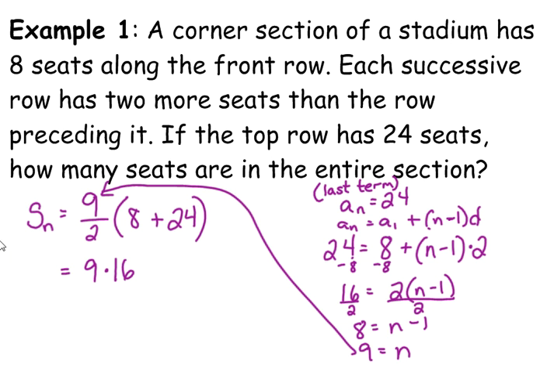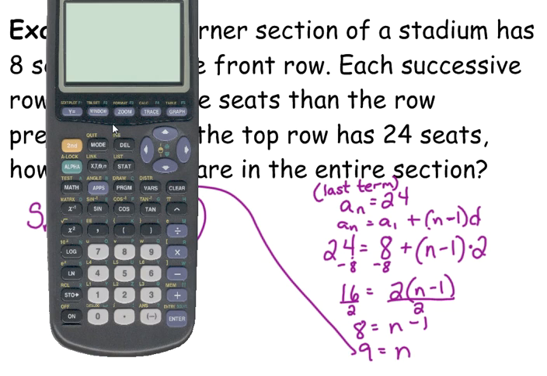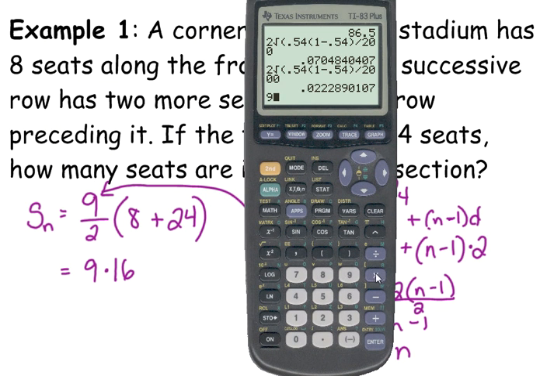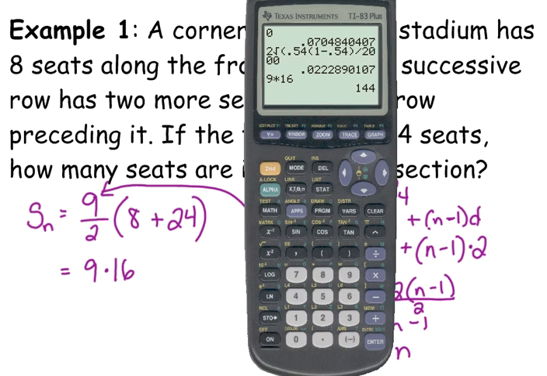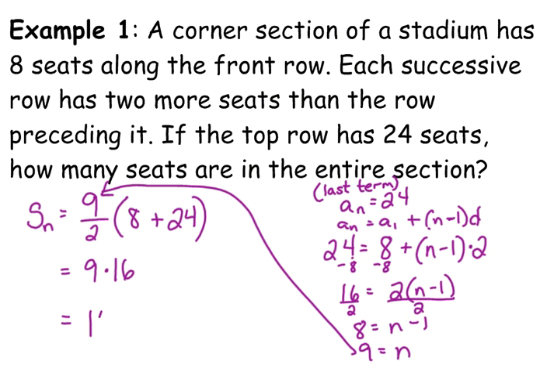So 9 times 16 is 144. There are 144 seats in this section of a stadium.